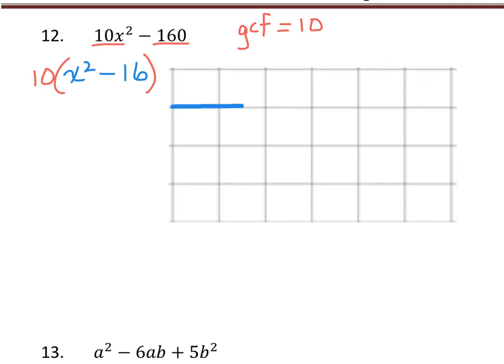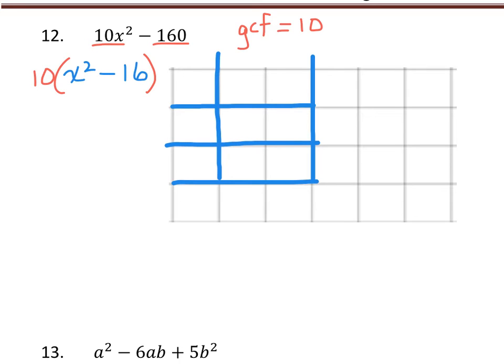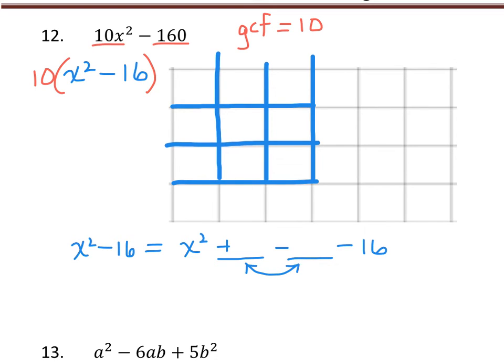And if it does, we're always using the same process, because even though x squared minus 16 is a binomial, it could be the simplification of a trinomial where it had two middle terms, but those middle terms have to be the same because they canceled each other out and made a sum of 0. We're still going to follow the same process that we did before.